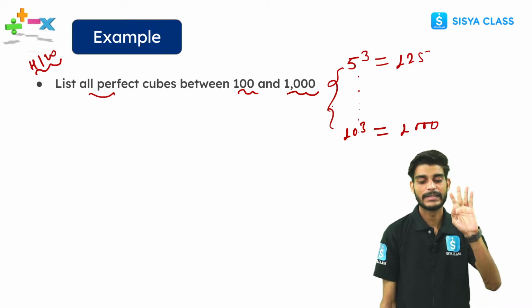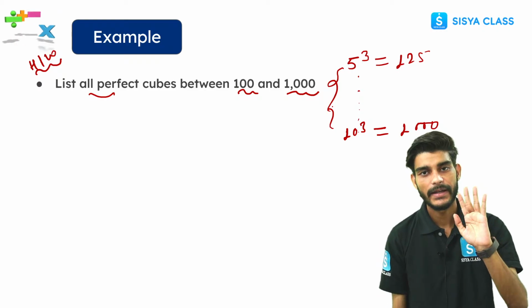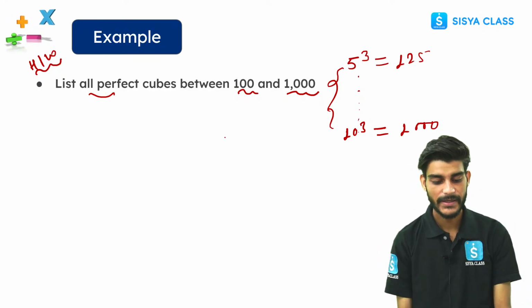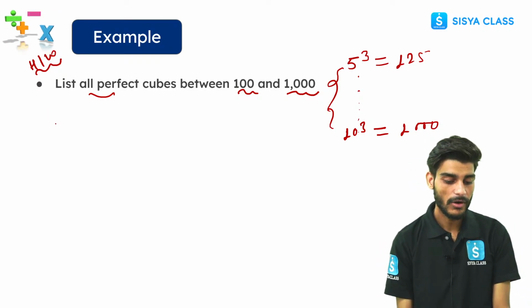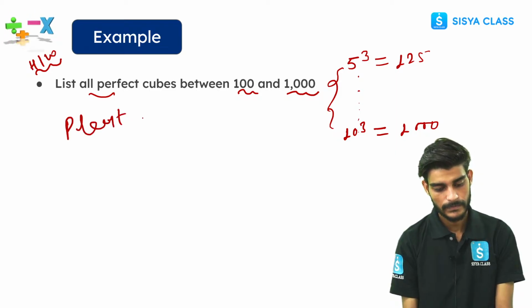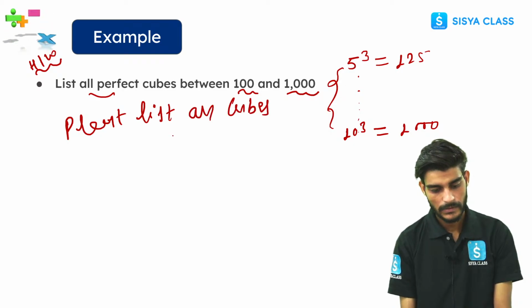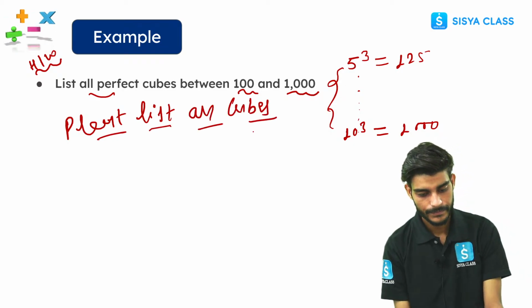5, 6, 7, 8, 9. So 5 numbers are there in between. So you have to list down all perfect cubes. Please list all cubes. Okay?